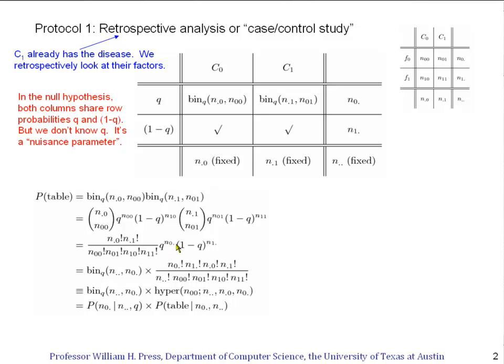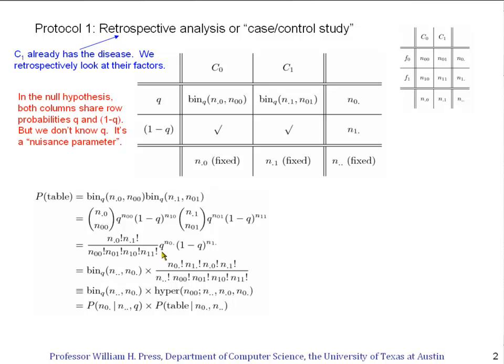Where did that 0 dot come from? Well, n00 plus n01 is the sum over all possibilities of the second index, and that's therefore the marginal n0 dot. And similarly, 1 minus q to the n1 dot. And then these binomial coefficients make this combination of things in front.